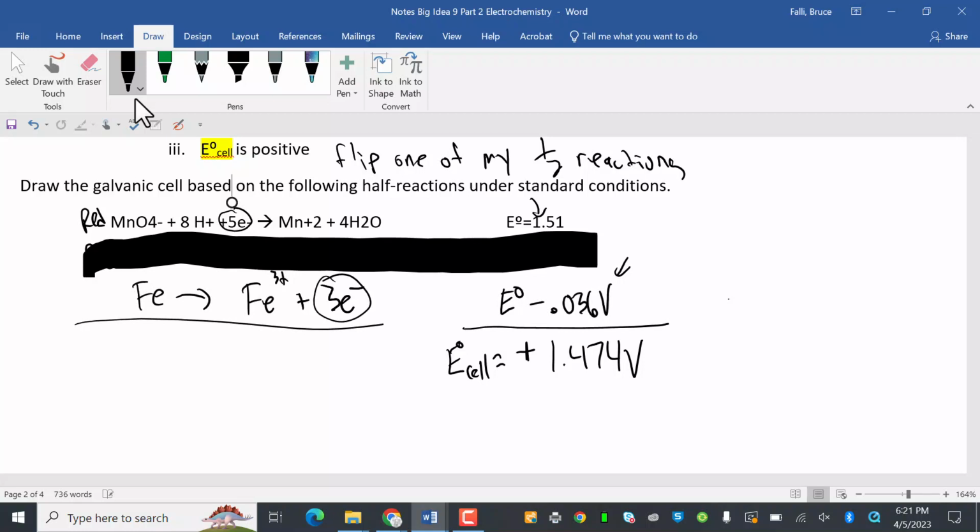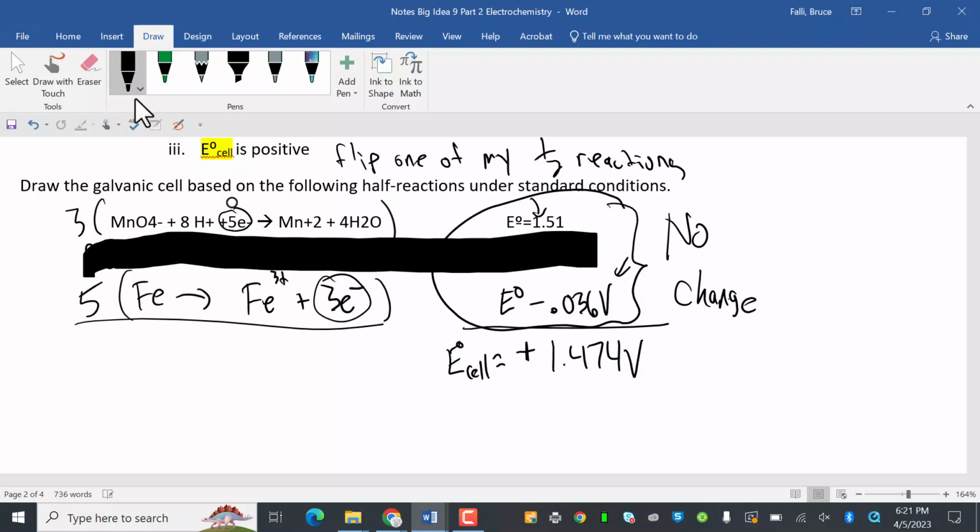We balanced some of these before. So on the top part, we will multiply it by 3. On the bottom, we'll multiply it times 5. And these do not change. Your voltage does not change. I think of voltage as being like natural attractiveness. So if your natural attractiveness is 4 out of 10 and you have a twin, does that make you more or less attractive? Neither, right? It's always your natural attractiveness.